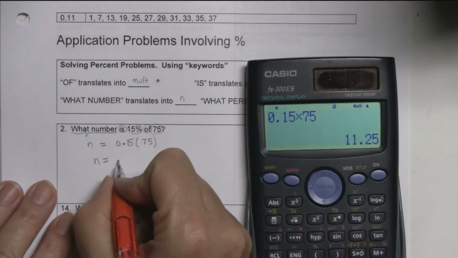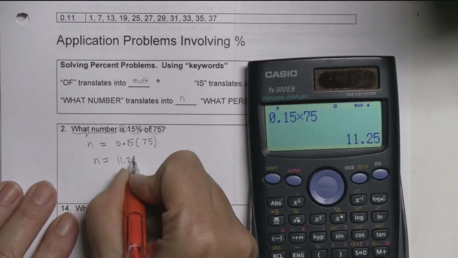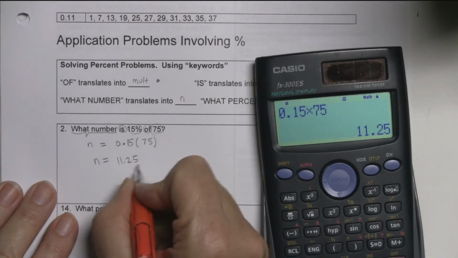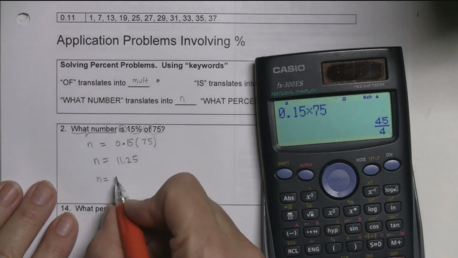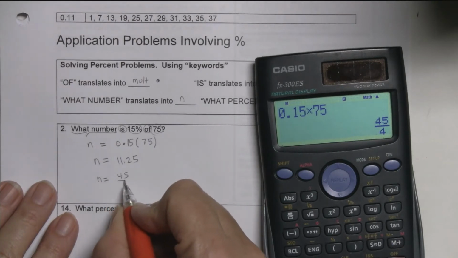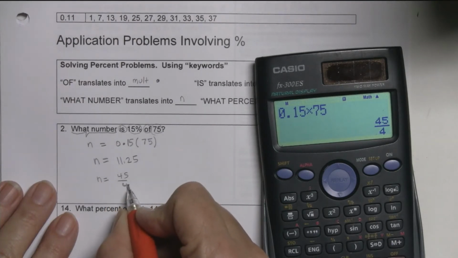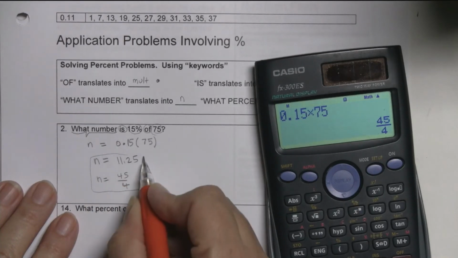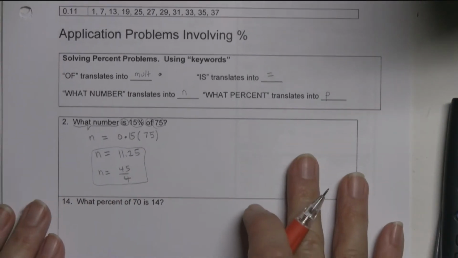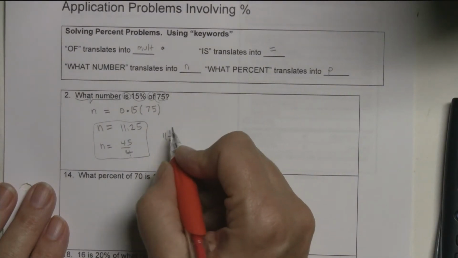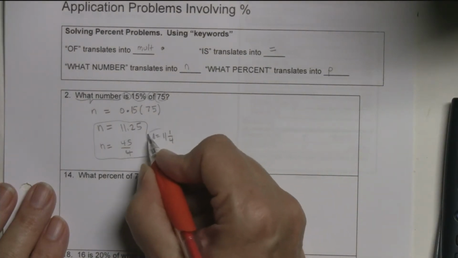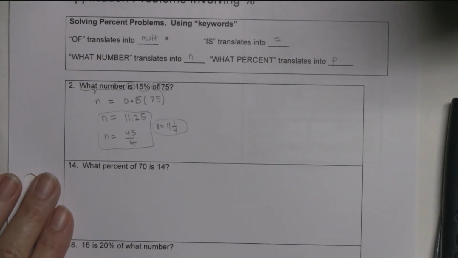So either one of those is good. 11.25 is good, and 45 over 4 is good as well. You could also put 11 and a quarter. That would have also been a good answer for N. So they're all good.